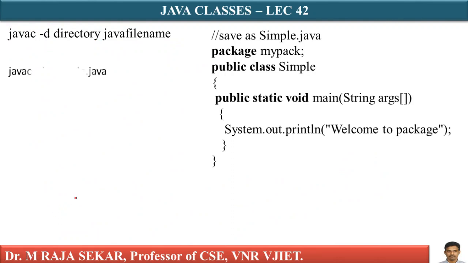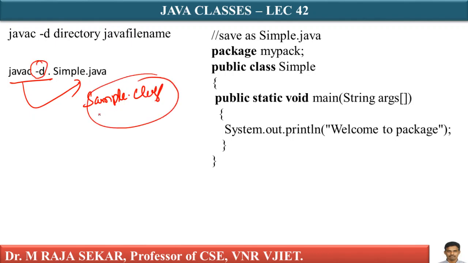Just see, javac -d dot. What is the use of -d? As I told you, it specifies the destination where to put the class file. javac Simple.java means a Simple dot class file will be created. Now -d specifies where one can keep this class file.